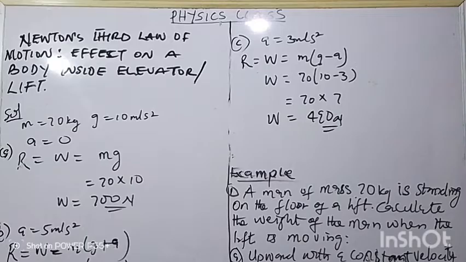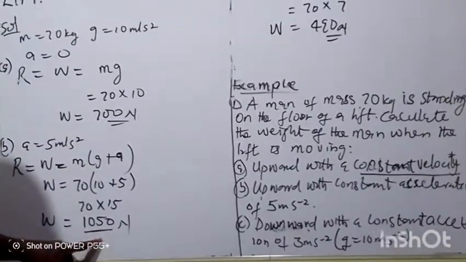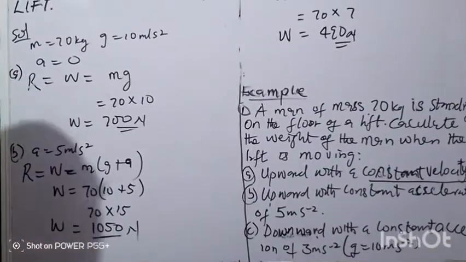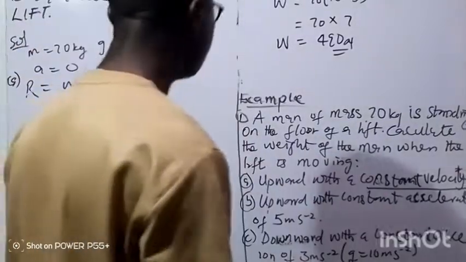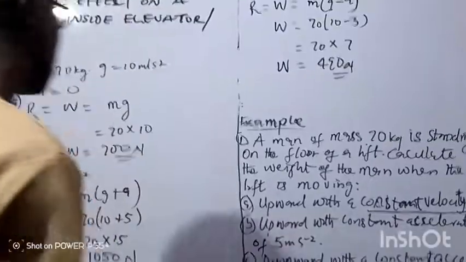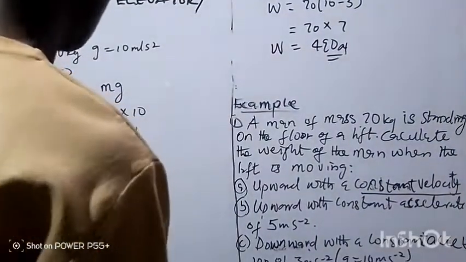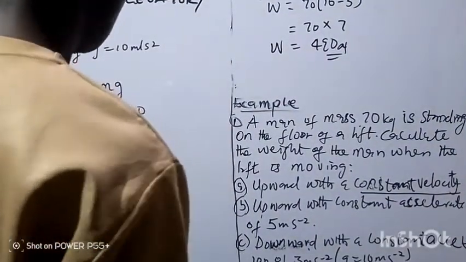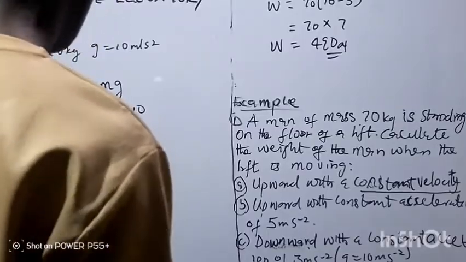Now, according to the question, in case number 2 we said the body will gain weight. You can look at our answer. In case number 3, the body will lose weight. Look at our answer. So that confirms that according to Newton's third law of motion, action and reaction are equal but opposite.